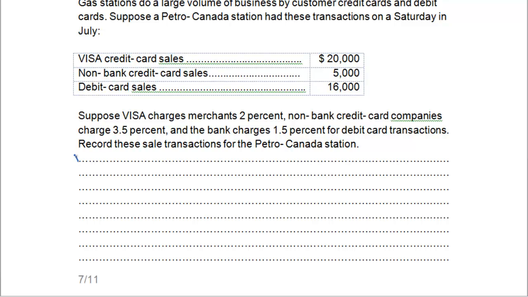The Visa transaction is going to be, as we said, a debit to cash. That'll be the $20,000 times 1 minus 2%, 98%, and that will give 19,600.